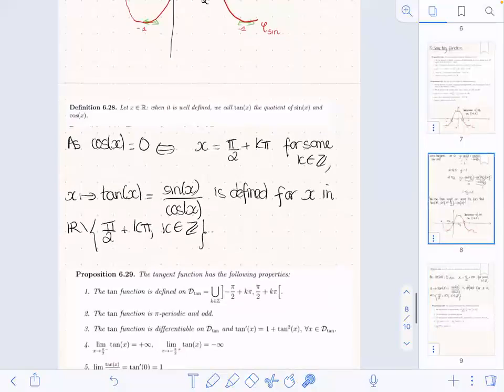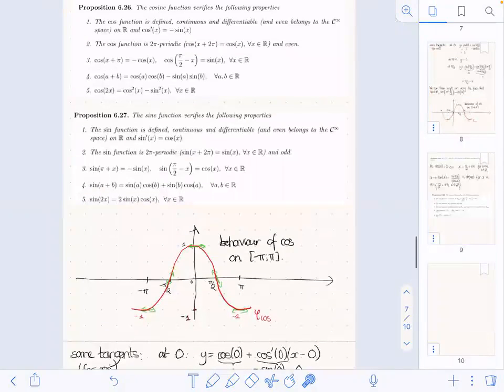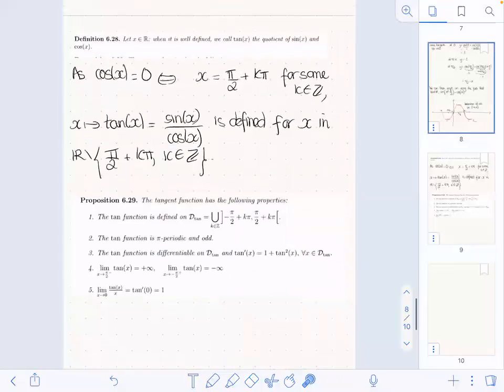In particular, you can use these properties here: as sine of x plus pi and cosine of x plus pi are equal to minus sine and minus cosine, then that gives us the periodicity of the tangent function, and it's odd. That's related to the fact that the sine is odd and cosine is even.